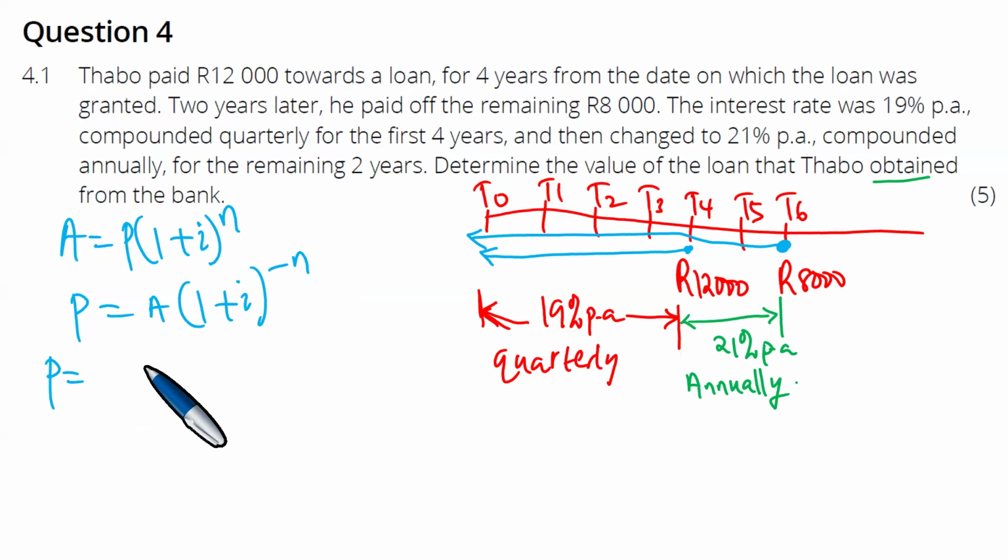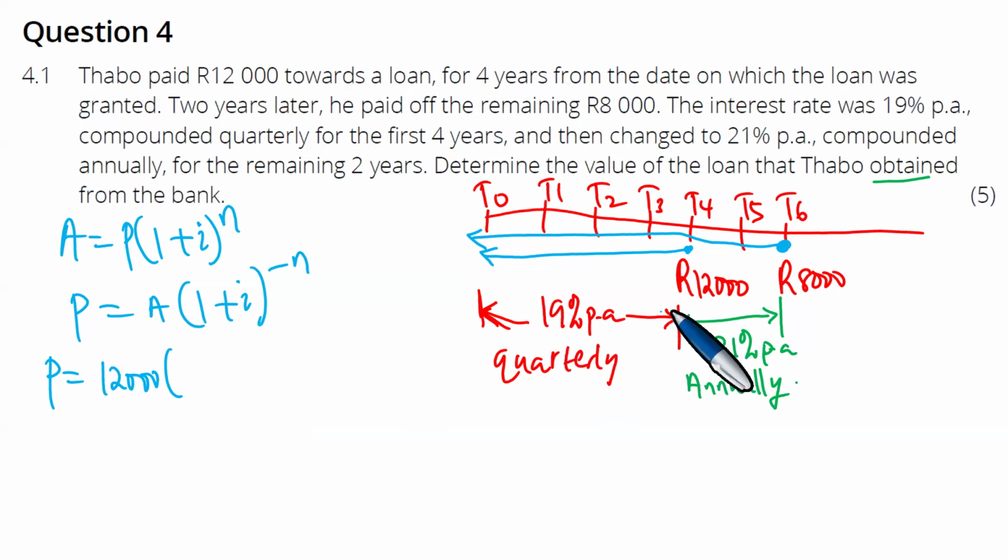So we continue. Now I want to find the value of the loan, so we must backdate everything. So the 12,000 that was paid in 4 years, we must take it back to the beginning so that we can know how much was actually granted as the loan. So in the future we have 12,000.